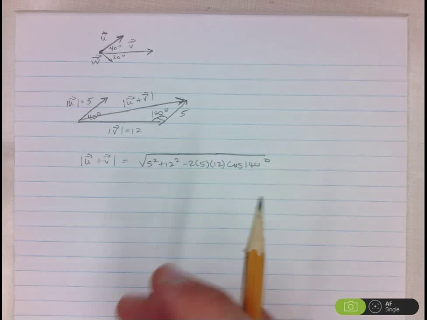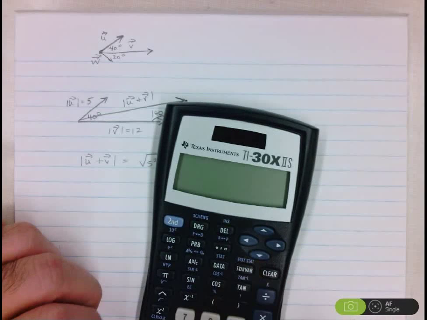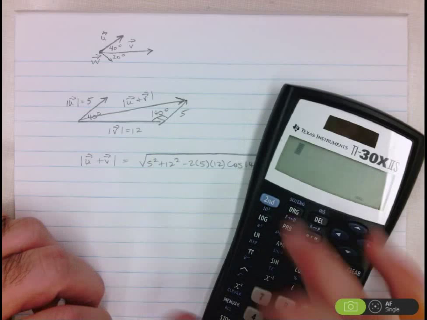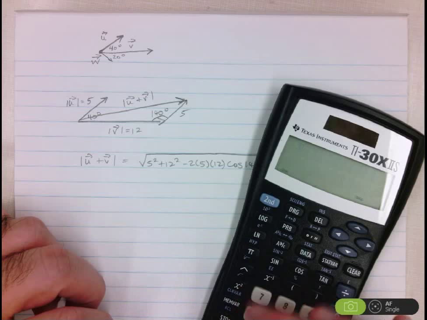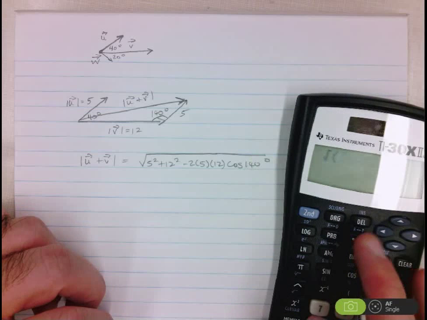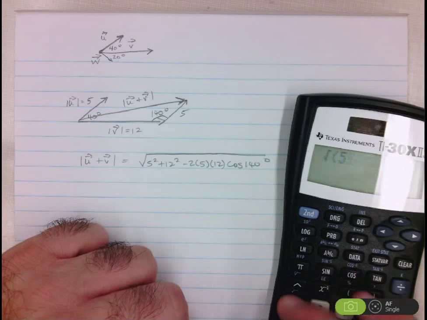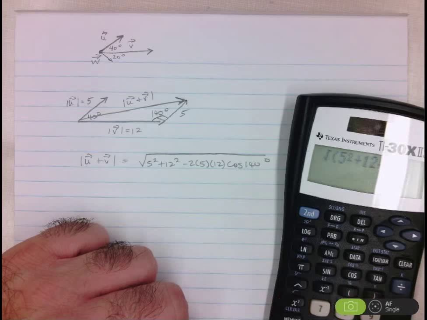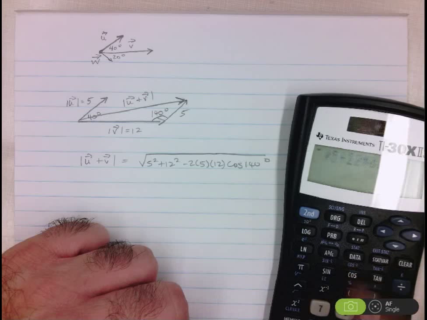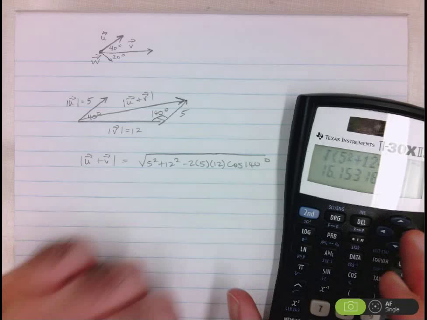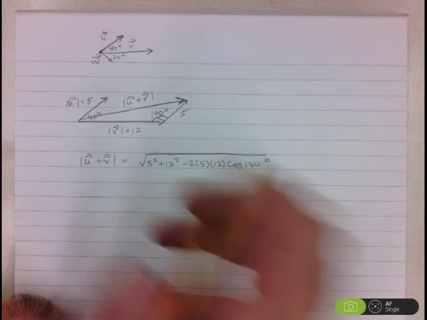Let's calculate that quickly. The square root of 5 squared plus 12 squared minus 2 times 5 times 12 times cos of 140 equals 16.15.